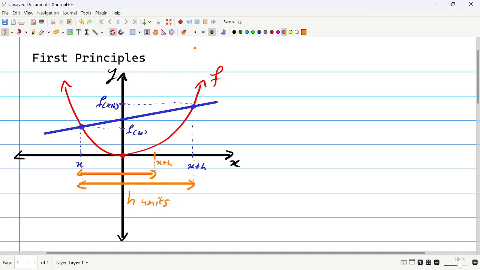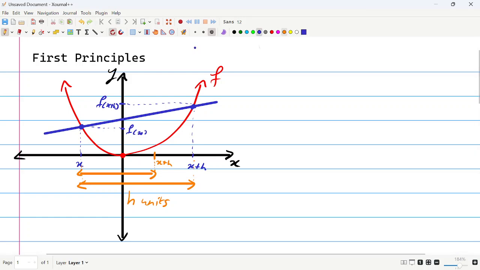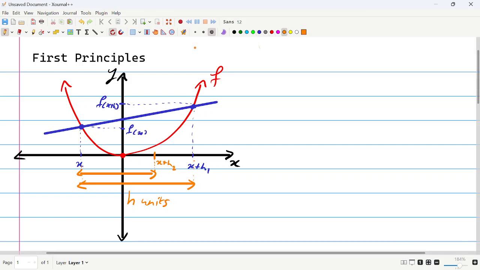I know that this is obviously not the same as this, but this is for example purposes. Let's call this h1 and let's call this h2. But h2 is smaller than h1, so I'm going to write here h1 is bigger than h2.